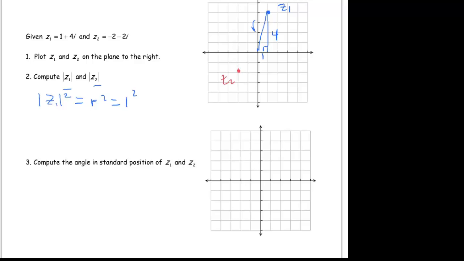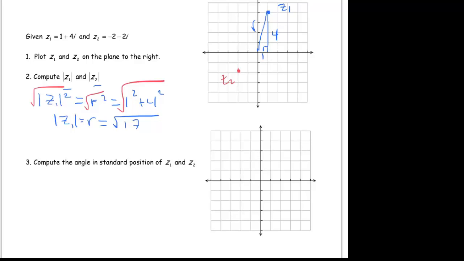So that's 1 squared plus 4 squared. And so if I square root, I might as well square root this too. That means that r, or the absolute value of z1, is equal to the square root of 17.